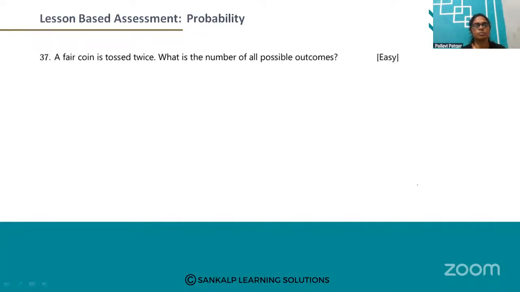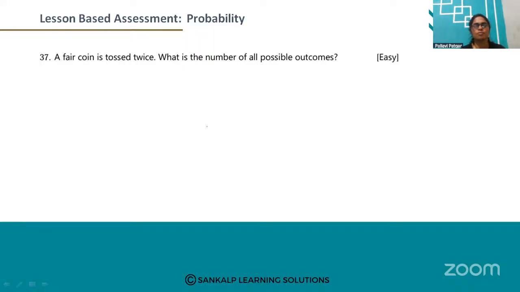Look at the question number 37. A fair coin is tossed twice. What is the number of all possible outcomes? When a fair coin is tossed, there are two possible outcomes, head or tail. Since the coin is tossed twice, the total number of possible outcomes is the product of the outcomes for each toss.